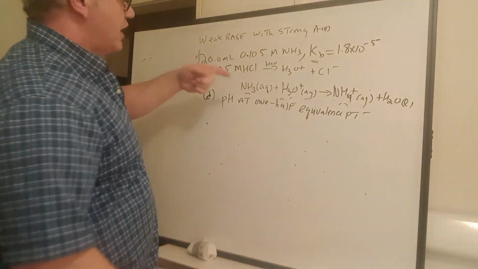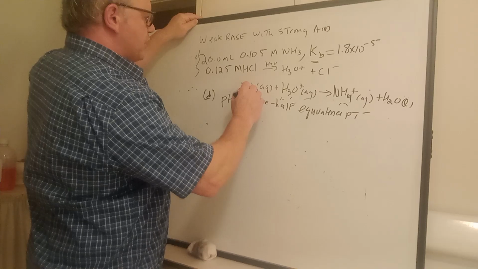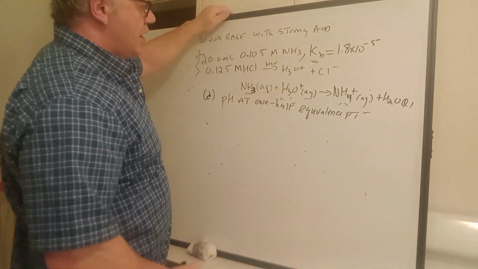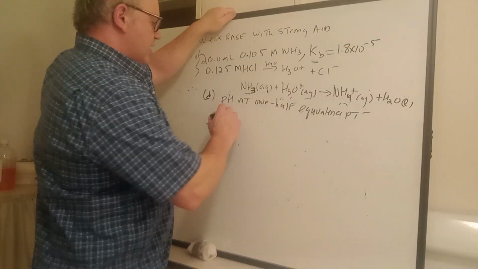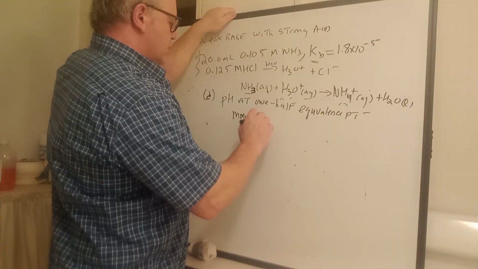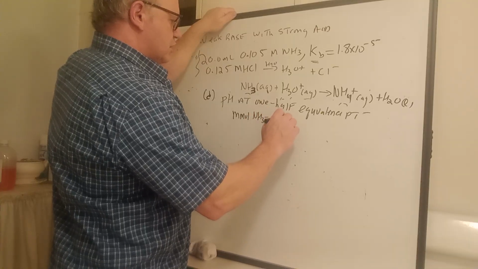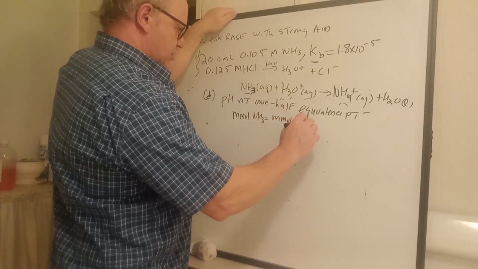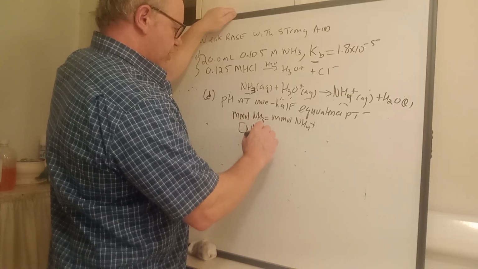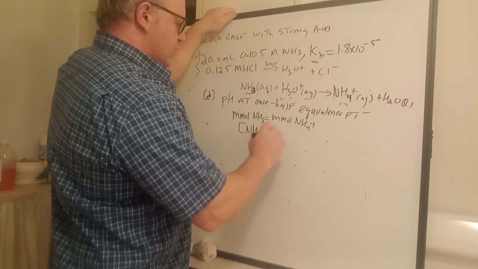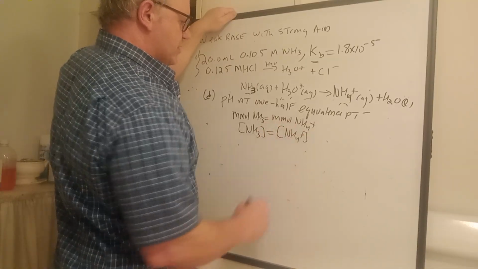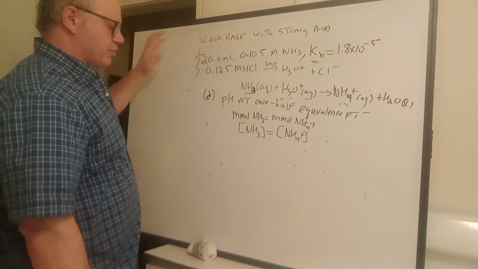You've consumed half of the moles or half of the millimoles of the ammonia, NH3, meaning that the millimoles of NH3 equals the millimoles of NH4+. You can think of it that way. You can also think that the concentration, molarity if you like that, is equal to the molarity of NH4+. They're both true statements because they're in the same volume, right?